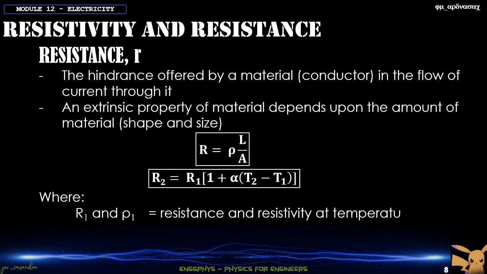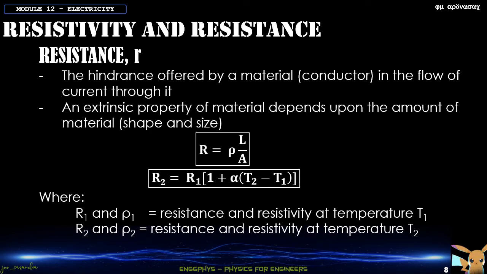So, R1 is the resistance at temperature 1. R2 is your resistance at temperature 2. Okay? So, we'll have difference in temperature. So, alpha again is your coefficient of thermal or thermal coefficient. Rho is your resistivity.